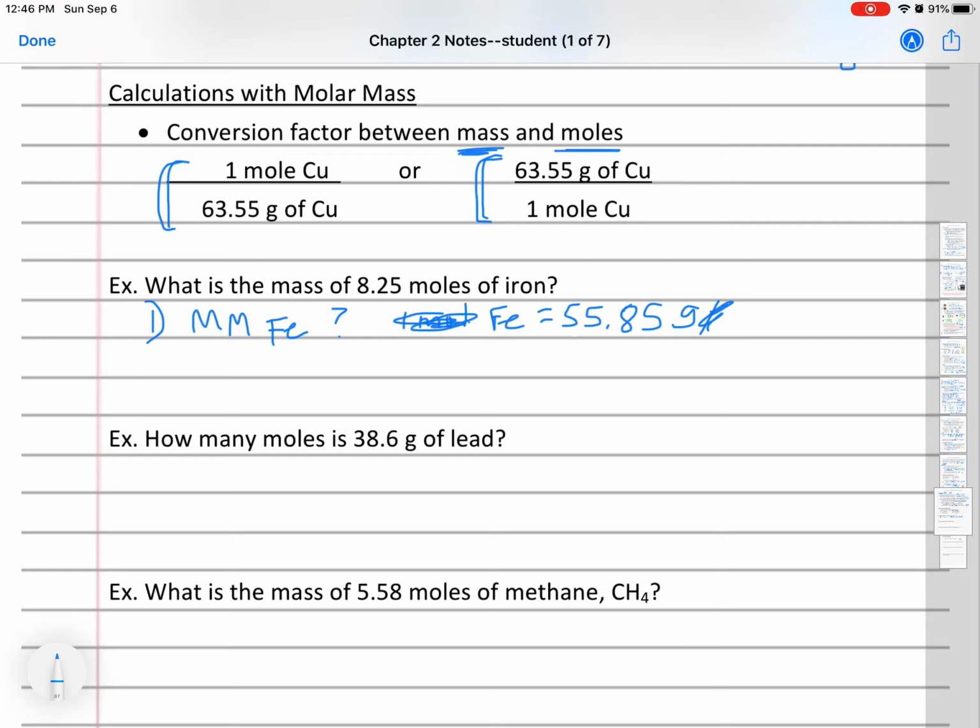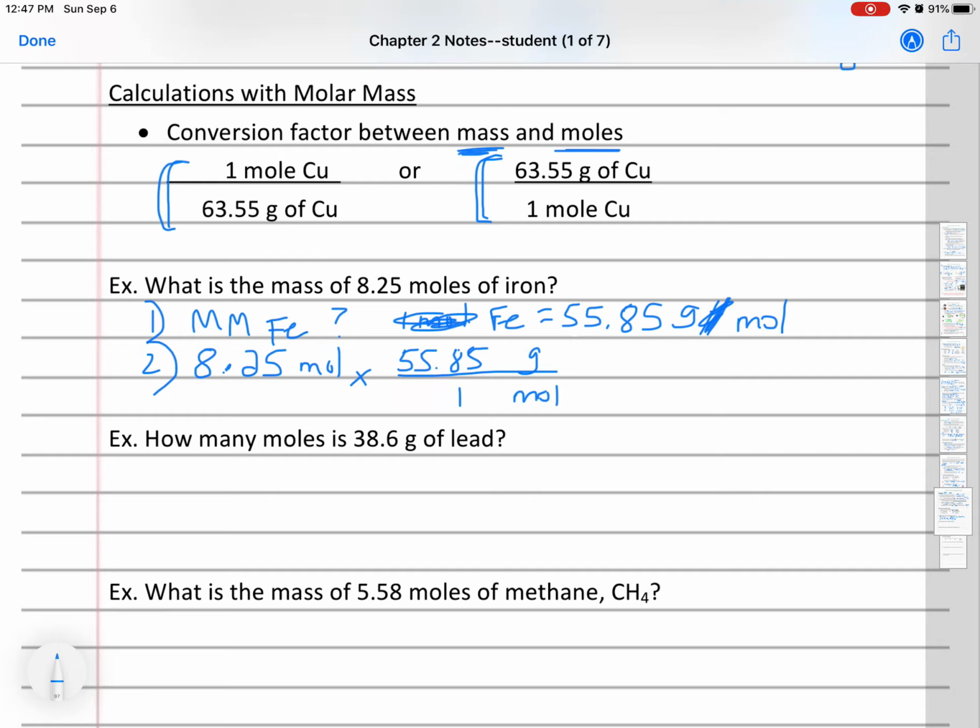In other words, iron has a molar mass of 55.85 grams per mole. Now we can use that conversion factor in this problem. We start with the number we're given, 8.25 moles, and we want to cancel out the moles. So we want moles on bottom, grams on top: 55.85 grams per 1 mole.